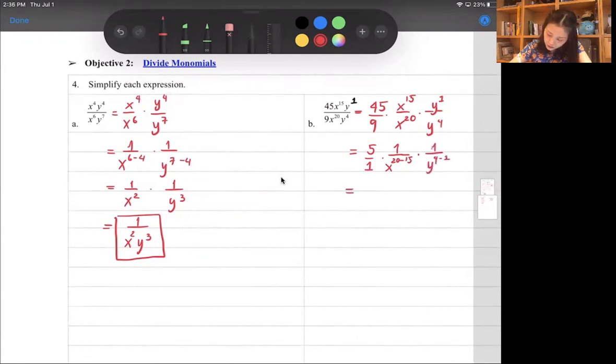This is equal to 5 over 1 times 1 over x to the 20 minus 15, which is x to the 5th, times 1 over y to the 4 minus 1, which is 1 over y to the 3rd. So on the top, 5 times 1, which is 5. On the bottom, 1 times x to the 5th times y to the 3rd. So it's 5 over x to the 5th, y to the 3rd.